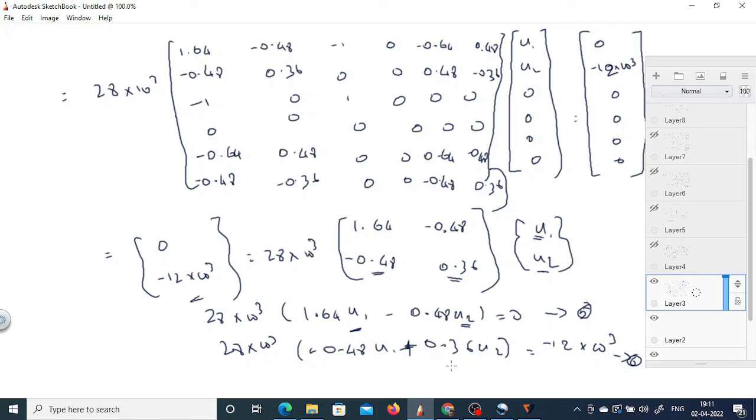I want to cancel the u1 terms from the available equation, so I want to convert this 0.48 into 1.64. How do I convert this 0.48 into 1.64? If I multiply 0.48 with 3.4166 I can get 1.64 here.